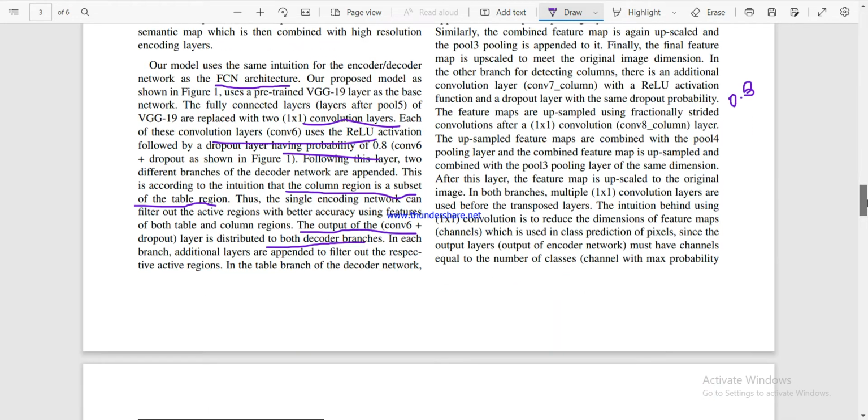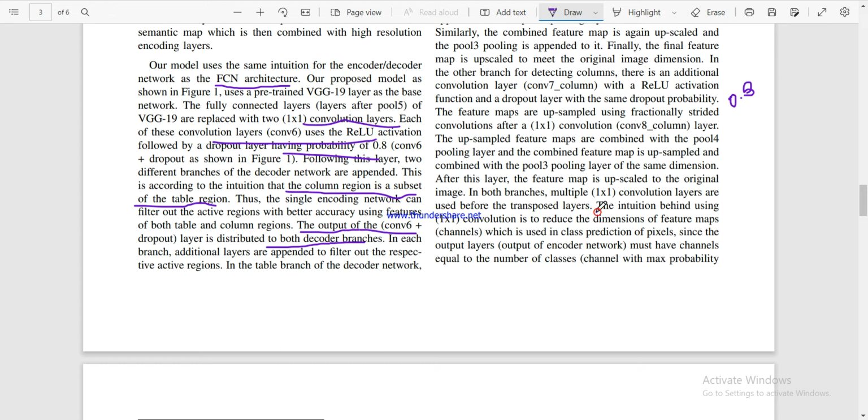Here, after this layer, the feature map is upscaled to the original image. In both branches, meaning the first branch and the second branch, multiple 1-into-1 convolution layers are used before the transposed layers.